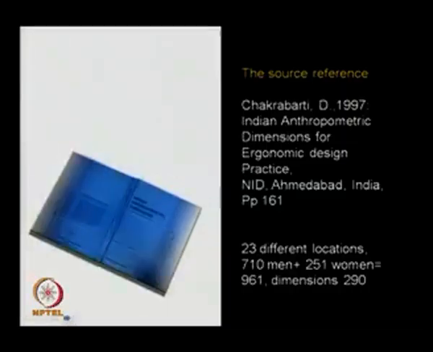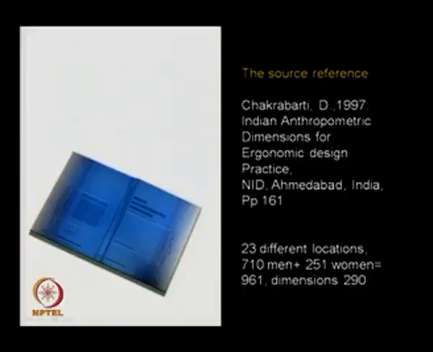All these dimensions, the source reference is Chakraborty D 1997, Indian Anthropometric Dimensions for Ergonomic Design Practice, published from National Institute of Design, Ahmedabad, India, total 161 pages.